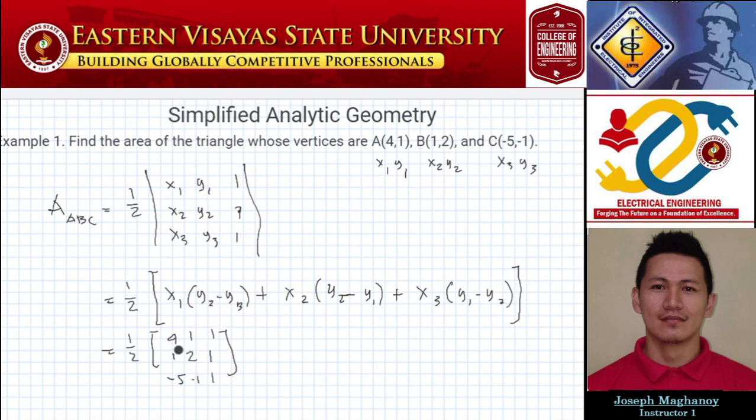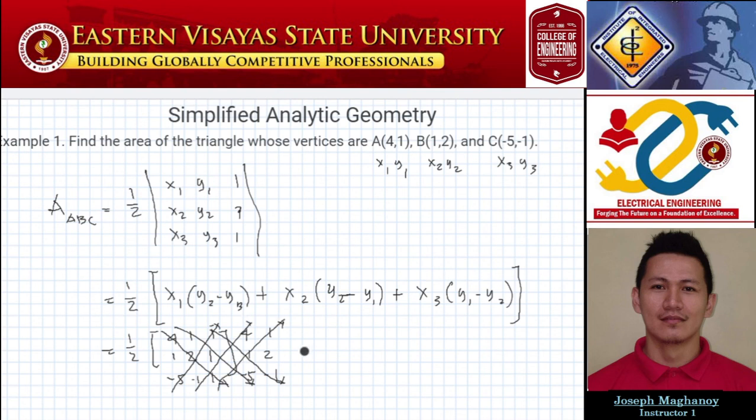Following the properties of your vertices to complete the method. So 4, 1, 1, 2, and negative 5 and negative 1. So let's follow. So 1, 2, 3.